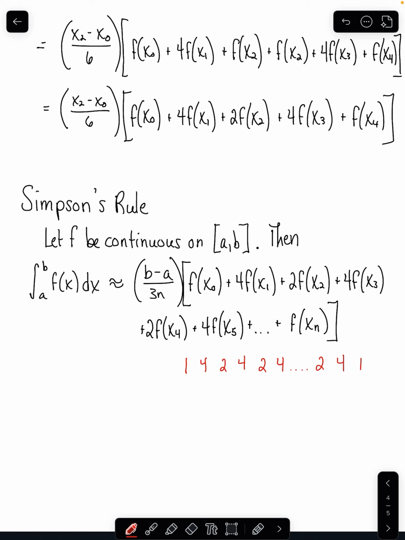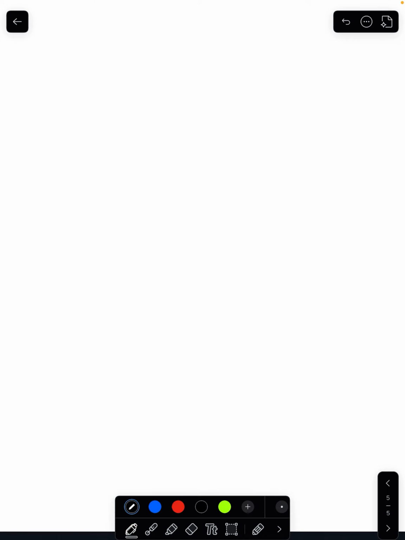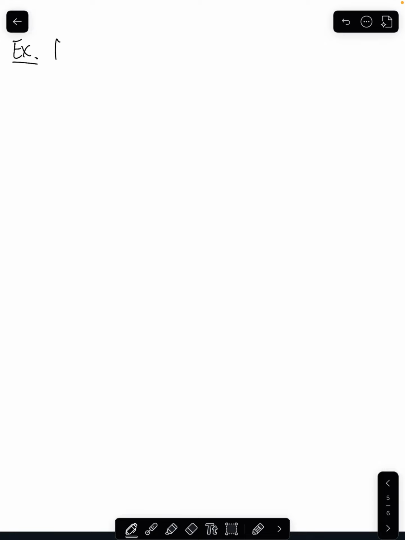Now, for an example, let's once again take, as we did for both the midpoint and trapezoid rules, f of x equals sine of x on 0 to pi. Again, we already know that the actual area of this, from the fundamental theorem of calculus, and from having been done in 2 previous videos, is equal to 2.